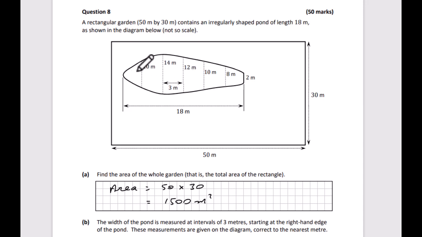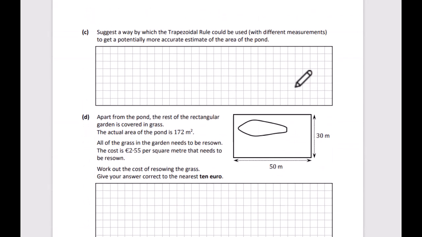So if we reduced this from 3 to 2 meters, for example, so there were more intervals, or even to 1 meter or half a meter and so on, the more intervals we have, the more accurate our area is going to be. So what I would say is something like: decrease h.